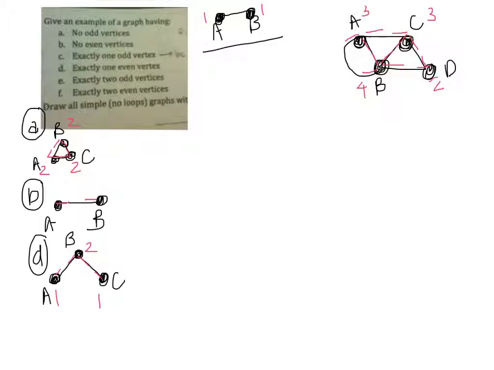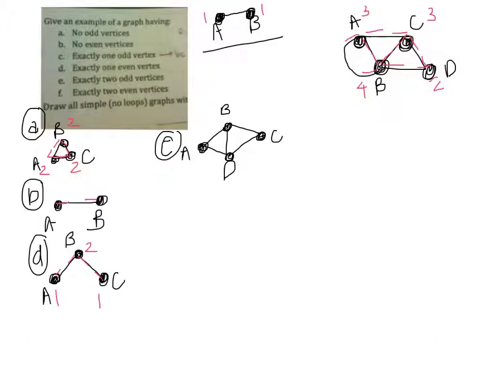For part E, exactly 2 odd vertices. So, like we said before, the triangle gave us 2 even vertices. But I experimented to see what happens when we draw 2 triangles together. So if we draw triangle 1 and then triangle 2, we'll label these vertices.